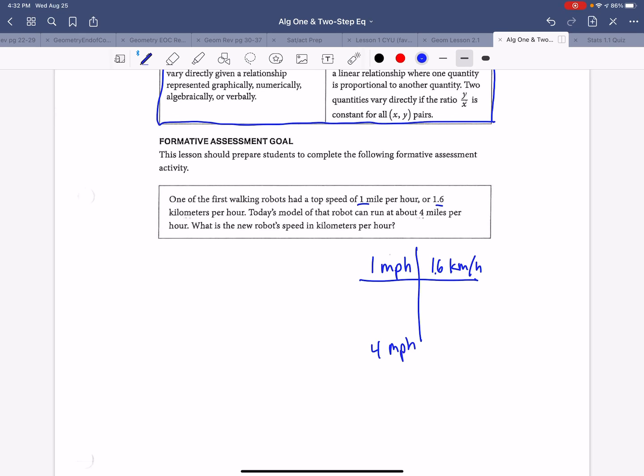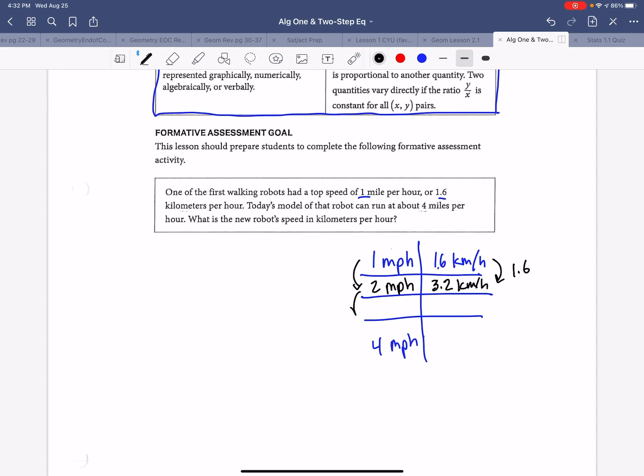So there's a couple ways you could do this. I could give you probably 2 or 3. Some students might notice, okay, so if 1 mile an hour is 1.6, 2 miles an hour would be just another 1.6, and another mile per hour would be another 1.6.